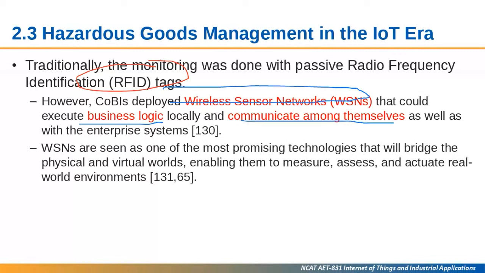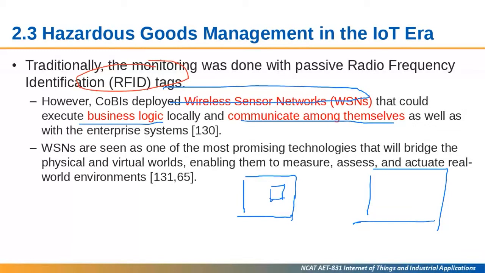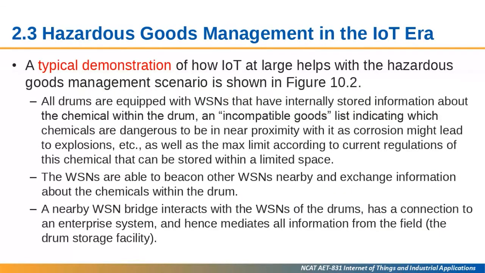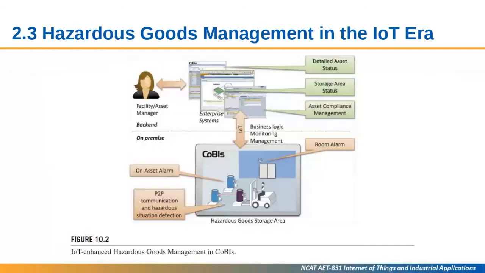So as we can see, there are different objects in the manufacturing process. For each object, there is a device, or sometimes it's just a sensor that can carry out some logic and communicate with each other. So a typical demonstration of a hazardous goods management scenario is shown in the figure below. Originally we have some drums containing some kind of material.